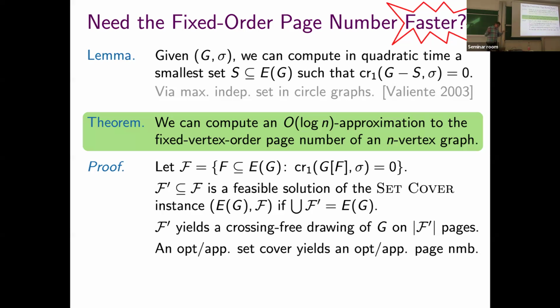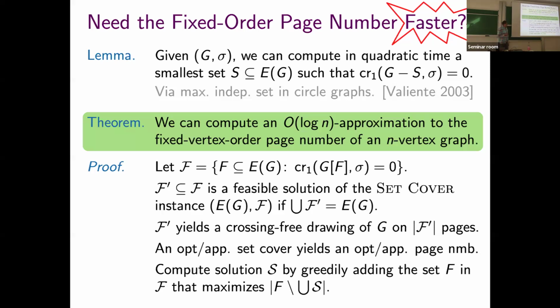And now, of course, for set cover, we know a log-n approximation, namely the greedy algorithm. So we want to compute the solution to the set cover instance by greedily adding sets F of this type.